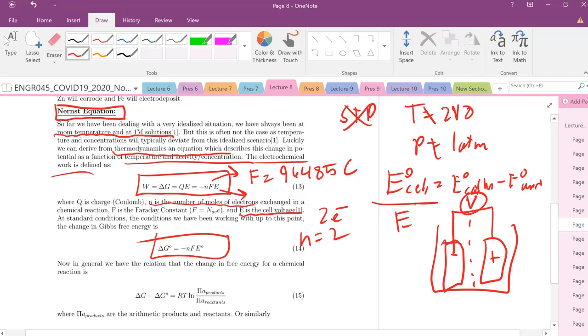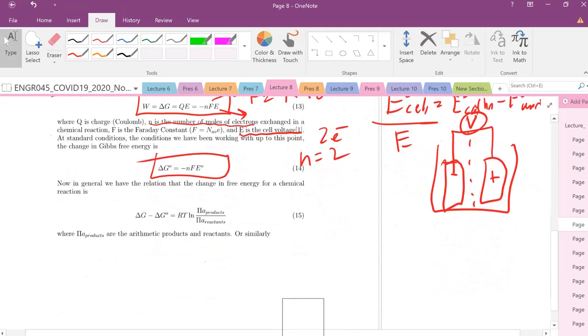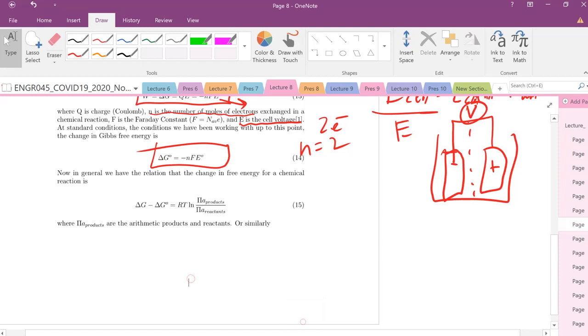So now, how do you get to the more general expression? Well, we need to figure out how our free energy will change as a function of temperature and pressure. So all we do is take this expression here.